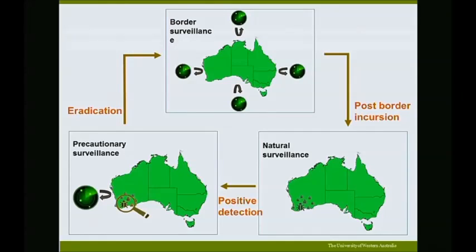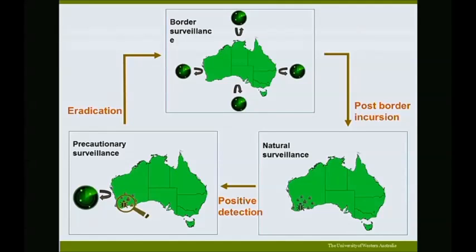So there is a possibility that stuff gets through, and with the volume of passengers, the volume of container trade that's coming into Perth, incursions are almost inevitable, especially for things that are not actually that large.